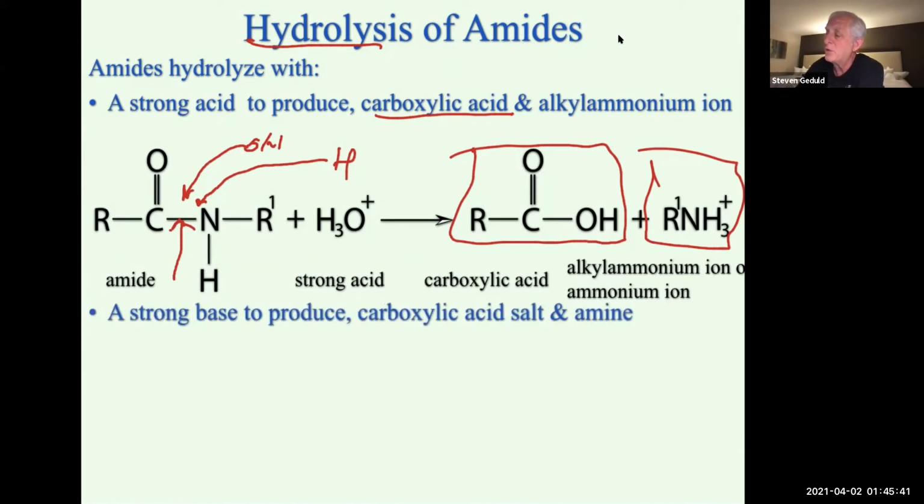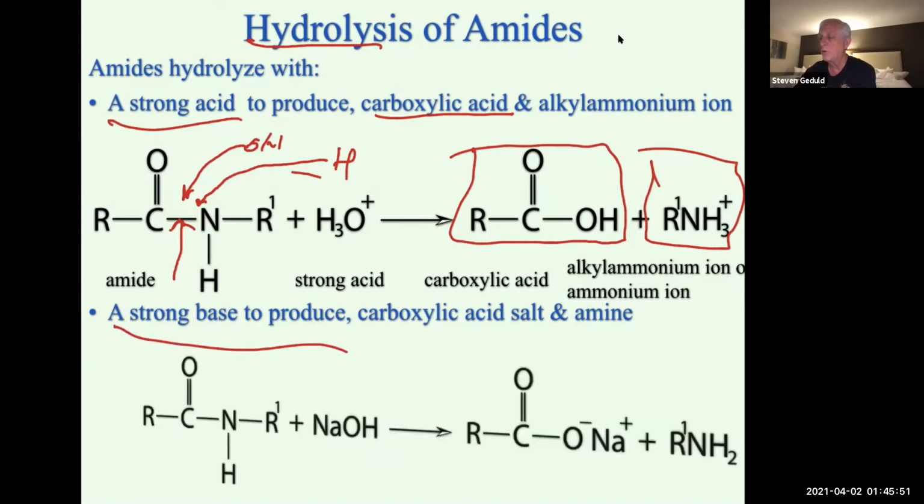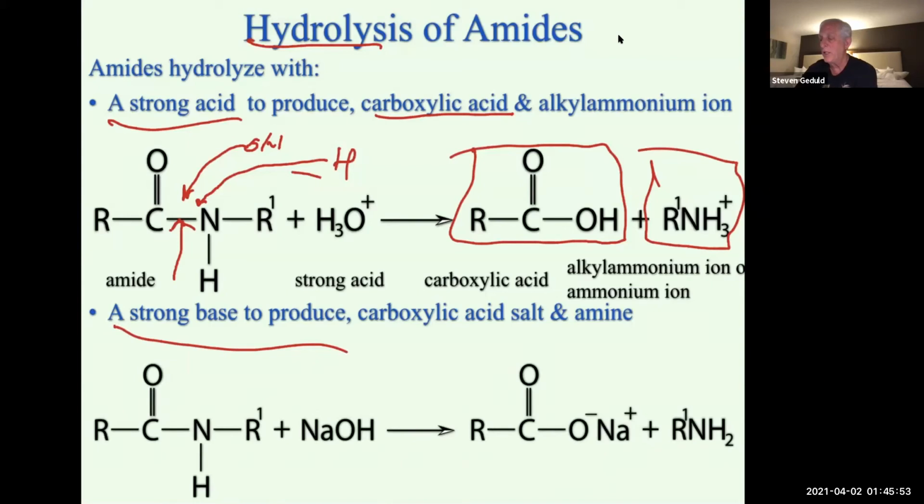Okay, a strong base. So this was a strong acid. A strong base produces a carboxylic acid salt and an amine. So here's your strong base, sodium hydroxide. And again, we split the same thing. We're going to break this amide bond. Okay, the OH is going to go to form your carboxylic acid, but now you got a base.